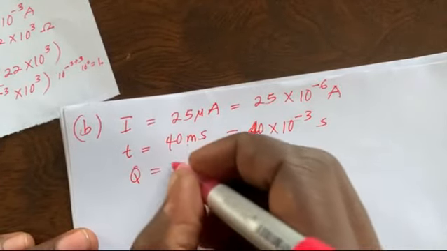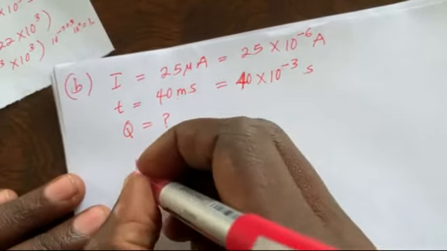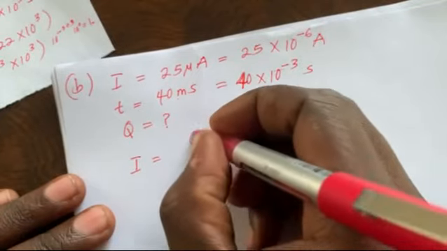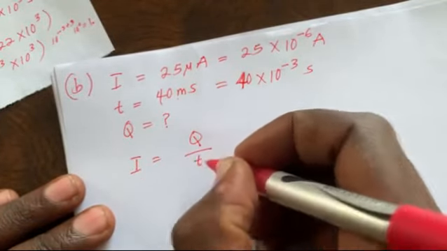What is the formula that relates the charge, current, and the time? Our target variable is the charge. There is a formula that says the current is the quantity of charge passing through a given point per unit time.